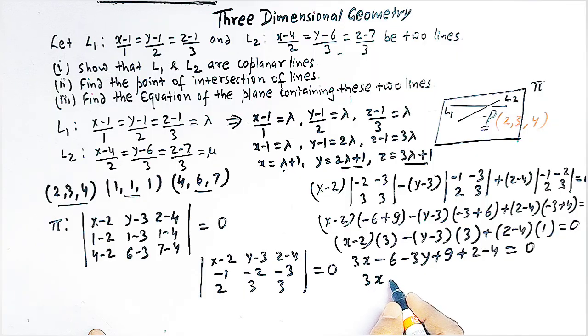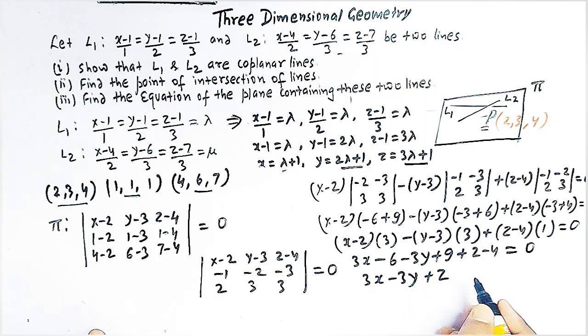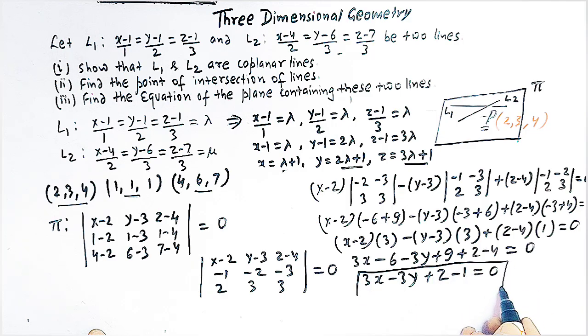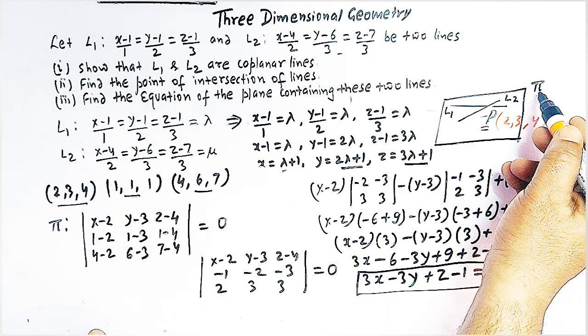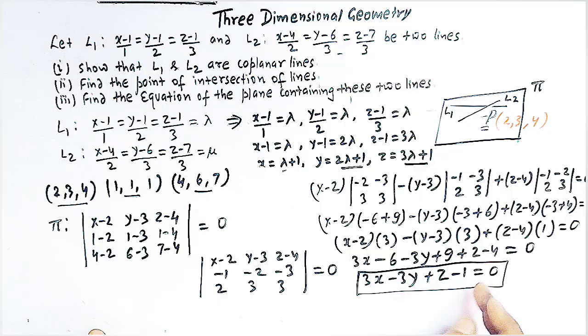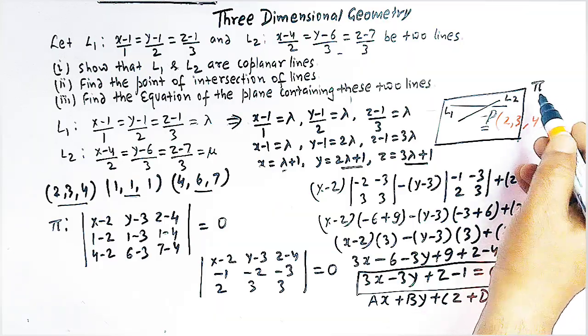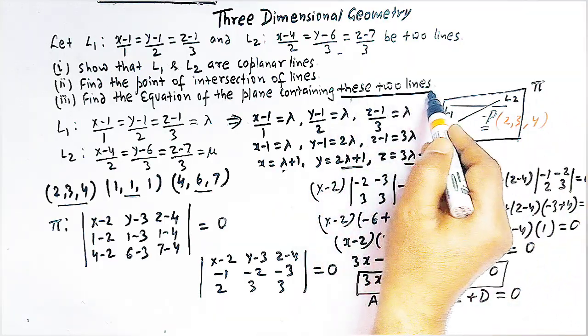So this is 3x minus 3y plus z, and 9 minus 4 is 5, 5 minus 6 is minus 1. So this is the required Cartesian equation of the plane pi, and it is of the form ax plus by plus cz plus d equal to 0. This is the required equation of the plane pi, which contains these two lines.